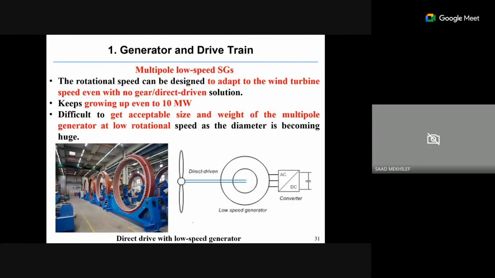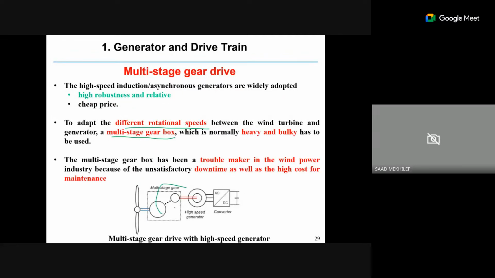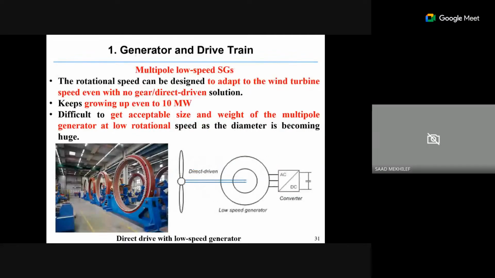We call it a direct drive. Okay, so we don't have any gearbox. I think this is one of the issues, the issues of the gearbox, like we said before: the issues of noise, the issues of maintenance, the issues of size. So moving forward, it's to move to even no gearbox, or direct drive.